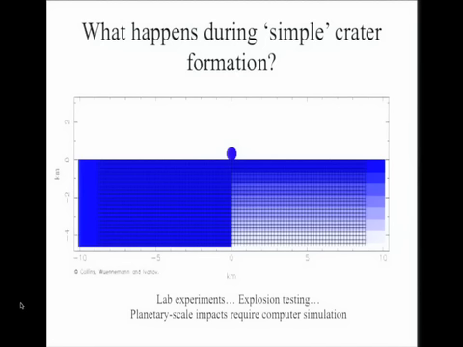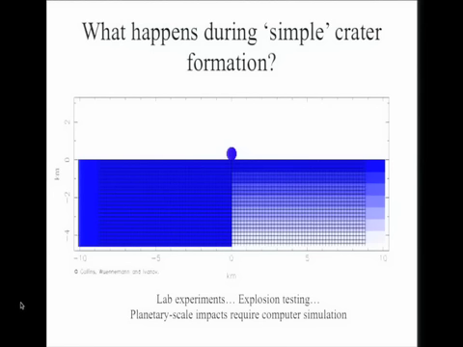Okay, so I wanted to show you what happens during crater formation, because of course the video that I just showed you showed you the impact and then it miraculously showed you this crater. So this video will show you a bit more of what was happening in order to get to that final crater.